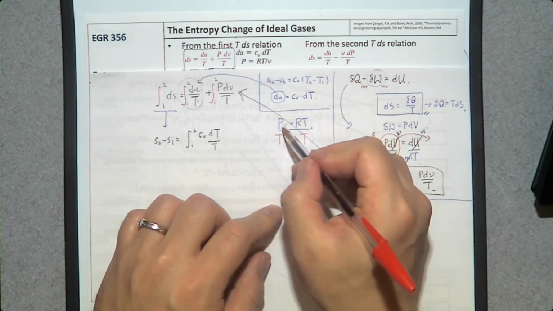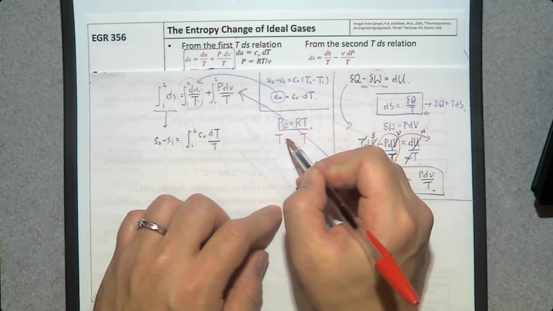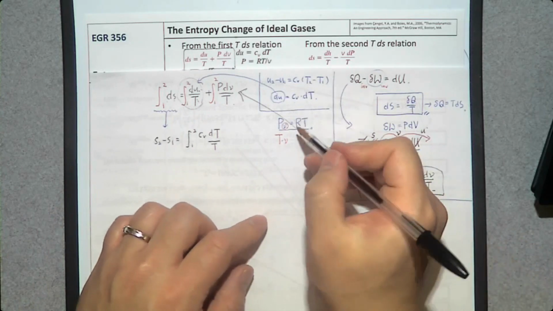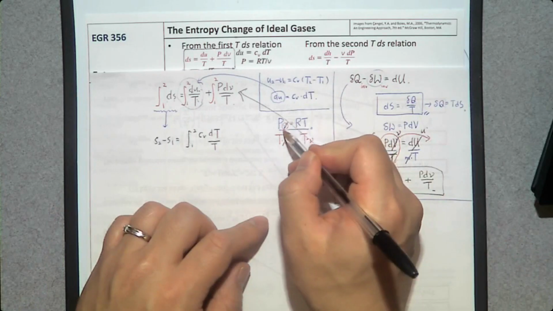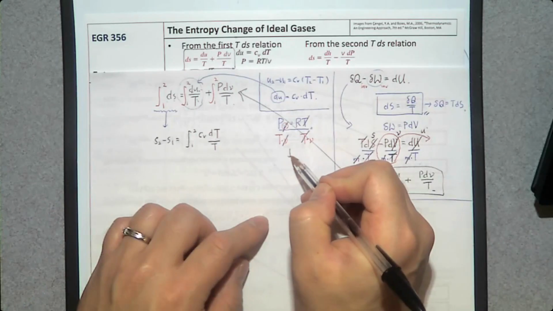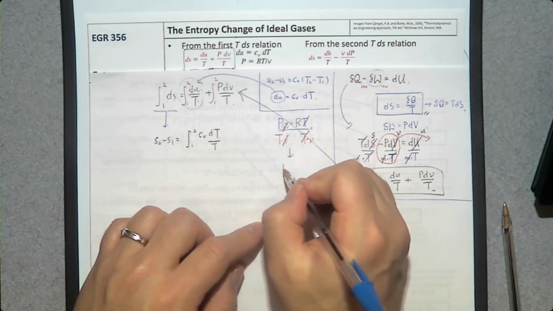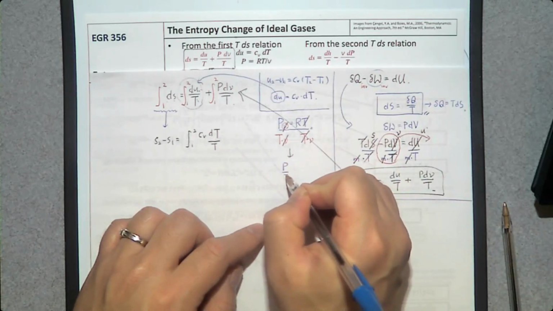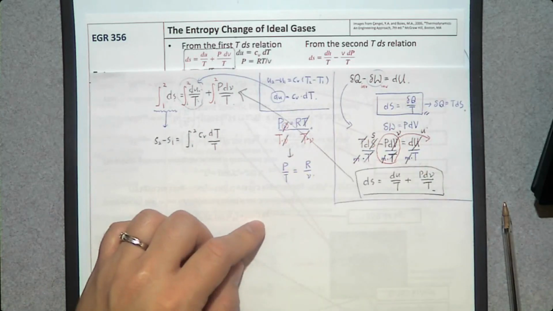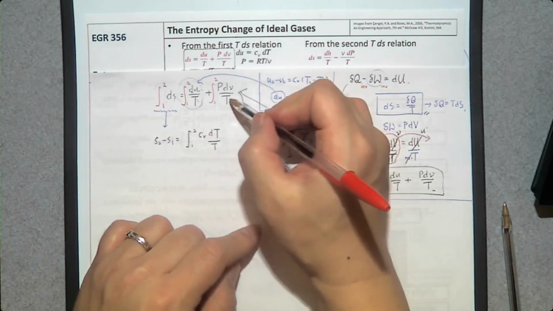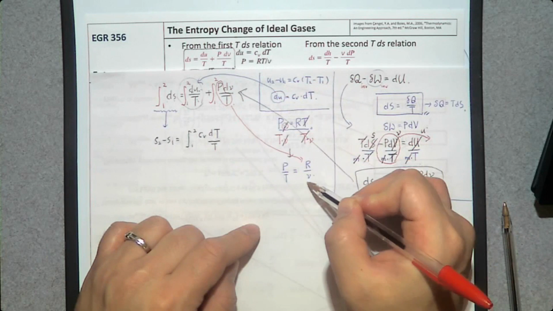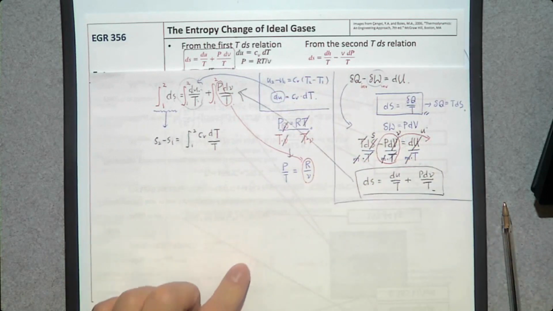What about this V? Let's divide by V too. T times V, T times V. Then let's see what we have. V and V can be crossed out. Temperature, temperature. So what we have is P over T is going to be R over V. So we can replace this P over T with R over V. Can we do that?